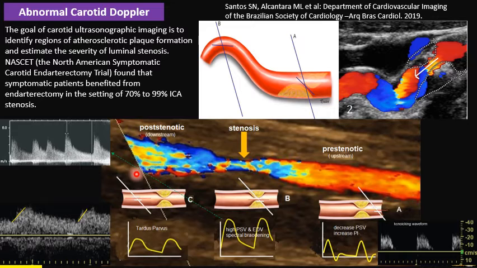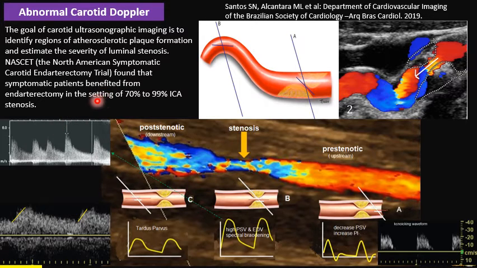The goal of ultrasound in the carotid is not only detecting and characterizing the lesion, atherosclerosis, and plaque, but also grading of stenosis, how severe the stenosis is. Based on the NASCET trial, it showed that patients with stenosis between 70 to 99% benefit from the surgery, that is endarterectomy.